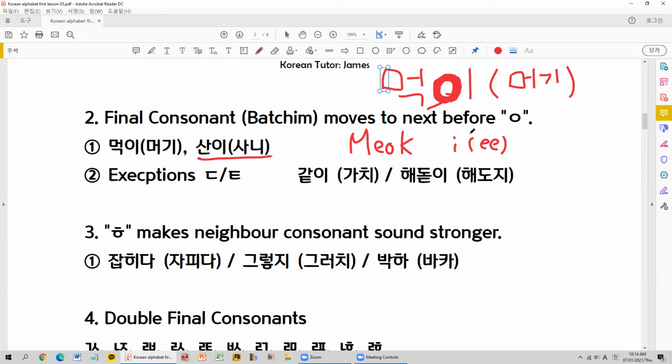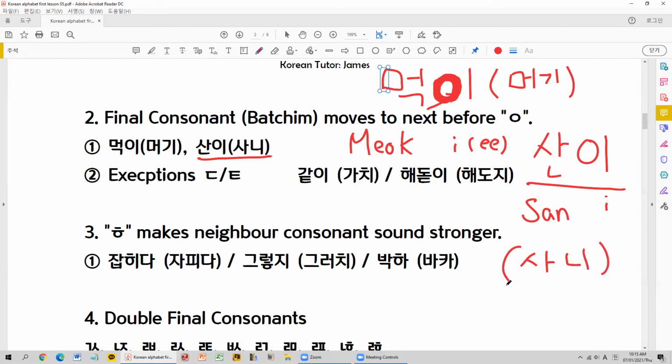So the next example is the same. The first character is S, then the vowel A, then N, and then E. So this is San E, but if I ask a Korean to read this character, we don't read it like this, because you have to replace the circle with the previous final consonant.